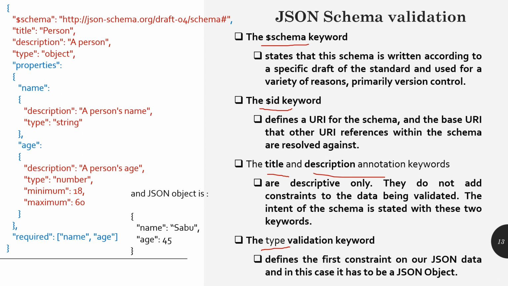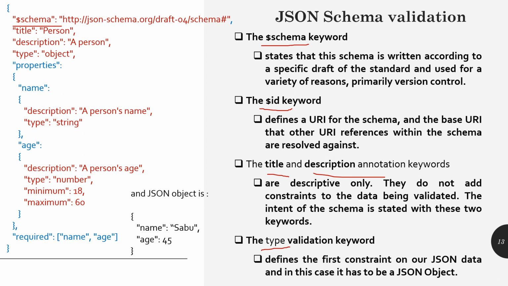That is what is mentioned here. In this example, anyway, we will discuss the example. $id defines the URL for the schema.